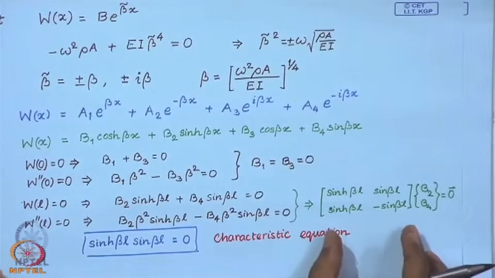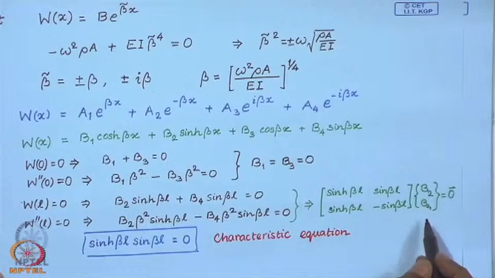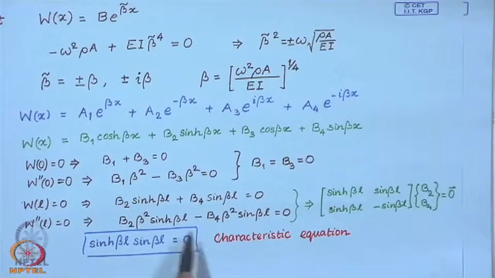So, vanishing of this determinant for non-trivial solutions of B 2, B 4, this vector, leads us to this determinant equal to 0, and this is the characteristic equation for the simply supported Euler-Bernoulli beam.